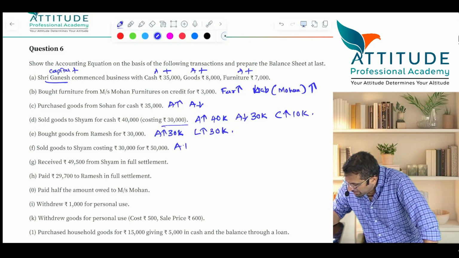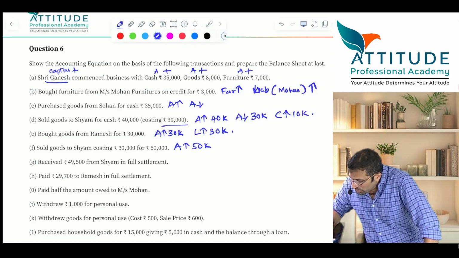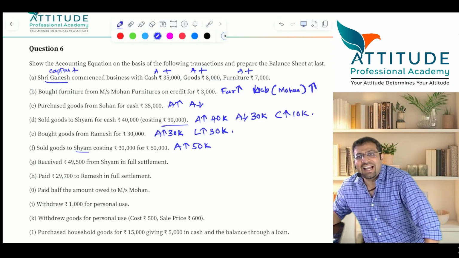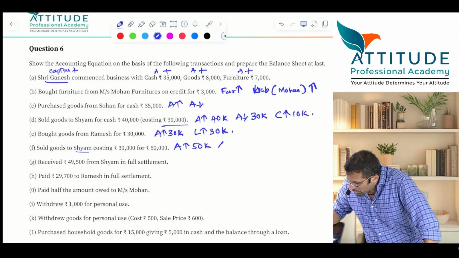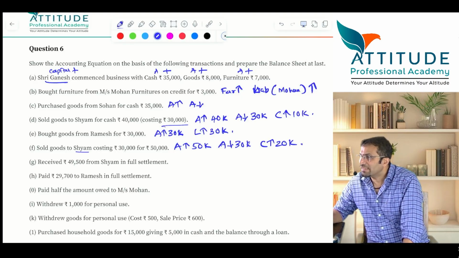Asset increases by 50k, but debtors, not cash. Because it is goods sold to Sham and nothing is mentioned, so it is on credit. So Sham account debit 50,000, sales account credit 50,000, but anyway, stock reduces by 30k and capital increases by 20k. Net effect on the balance sheet, correct?